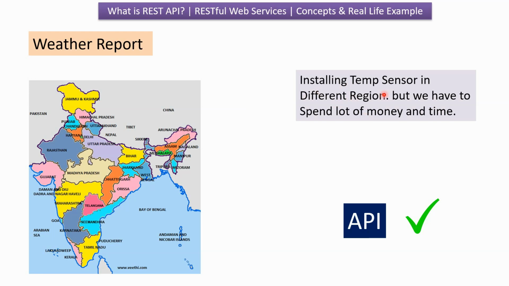So what we can do is, some third party company might have already installed temperature sensors in different regions of India, and they have the data in their server. So our weather report application can use API to get the temperature data from the third party server and display the weather information in our weather report application.